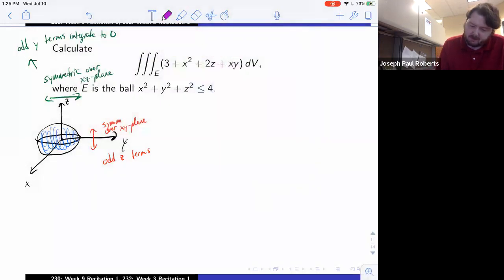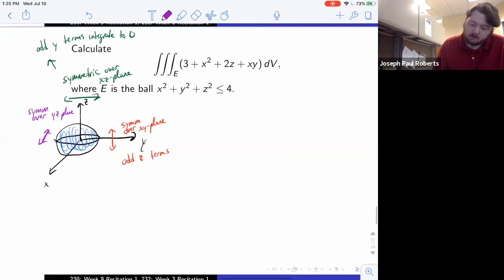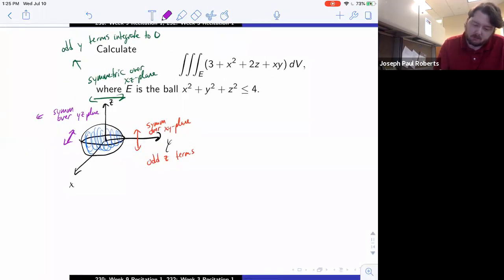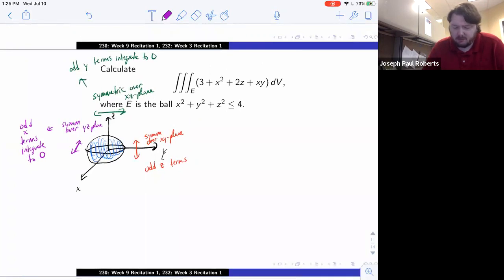And then finally, it's also symmetric over the yz plane. So odd x terms integrate to 0. Okay, so is this whole integral 0?